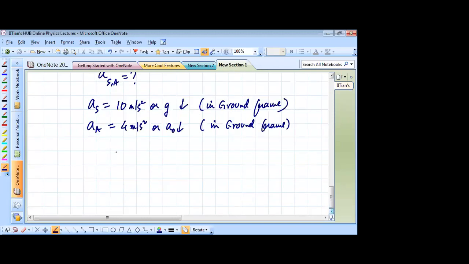So the next thing we understand here is that the acceleration of the screw as seen by E will become the acceleration of the screw in ground frame minus the acceleration of E downwards. So that will become 6 meters per second squared downwards.